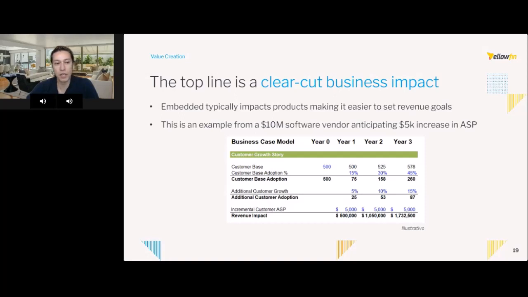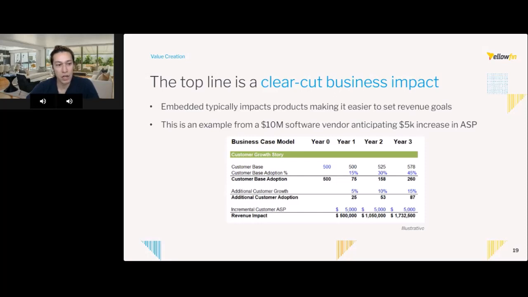And just to keep the math consistent and somewhat conservative, they estimated that the average selling price, ASP, for this new module will be $5,000 a year. So based on that, within the first year, 15% customer adoption rate, 75 customers, plus a 5% additional customer growth rate, 25.